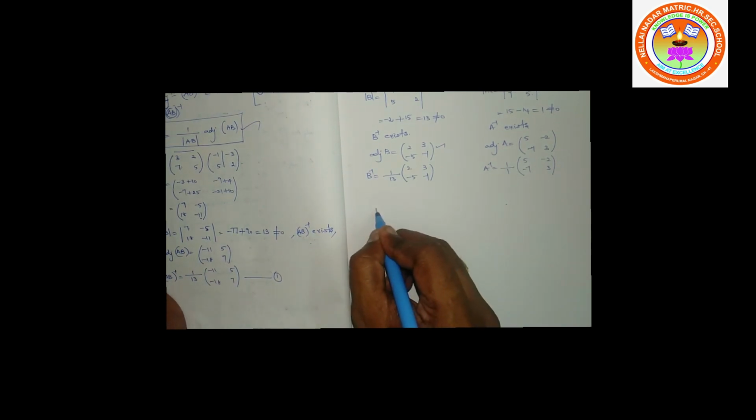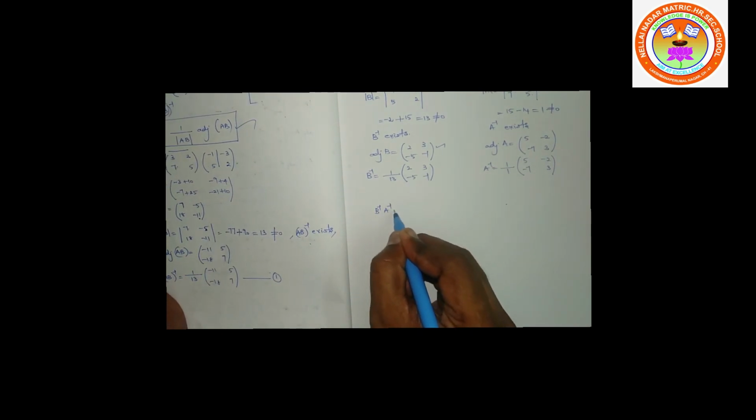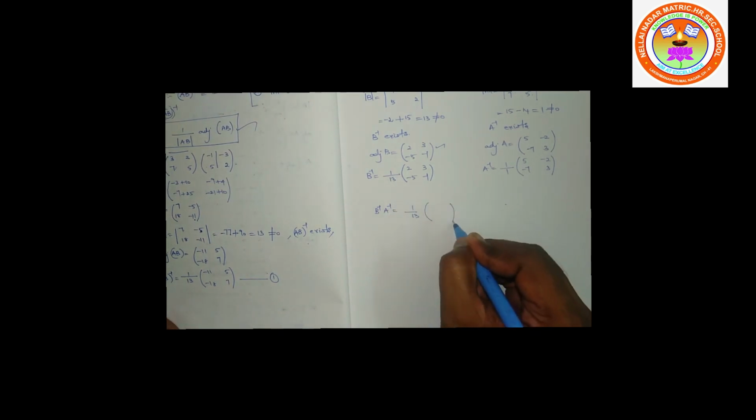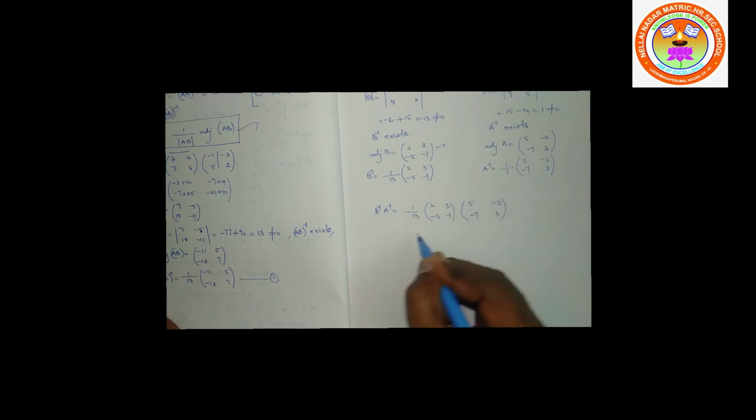So B inverse A inverse is equal to, what is B inverse? This is B inverse: 1 by 13 times 2 3 -5 -1. Next A inverse, 1 by 1 is 1, that one we don't need to write, so leave it off and write 5 -2 -7 and 3. Write 1 by 13.